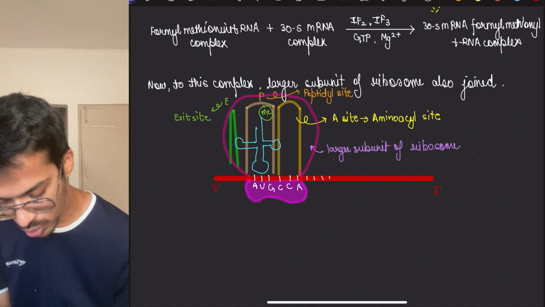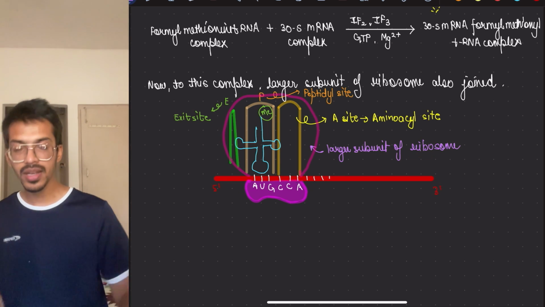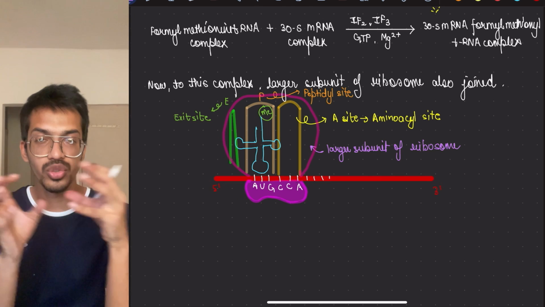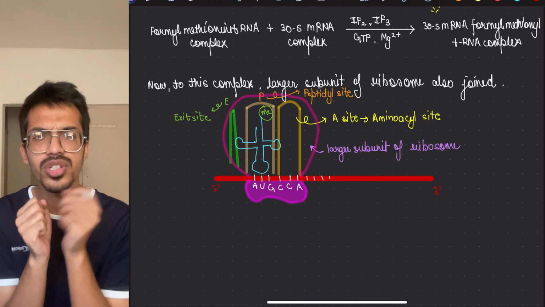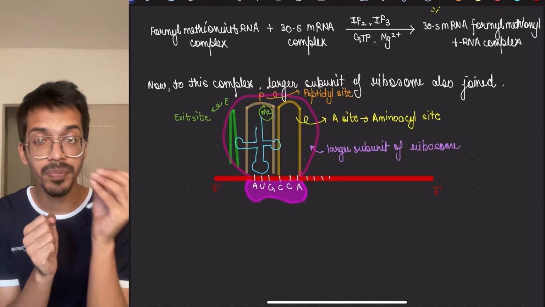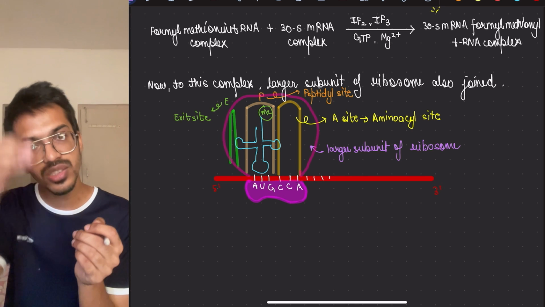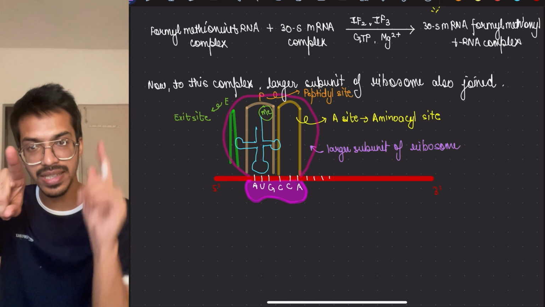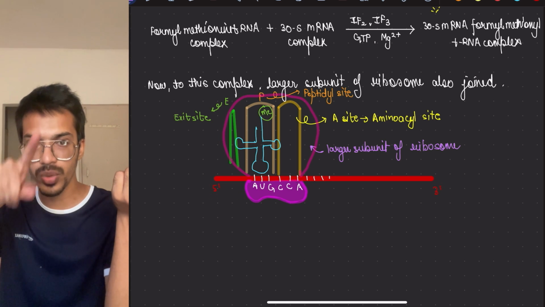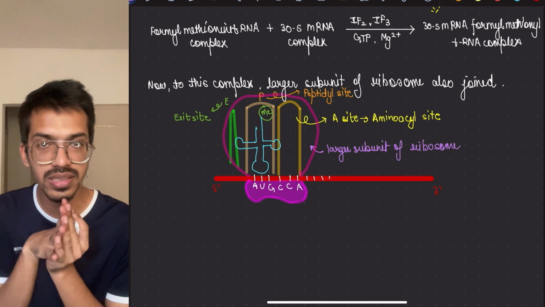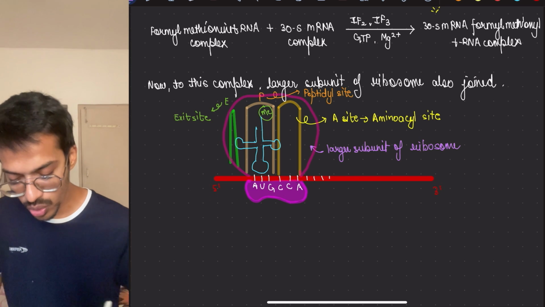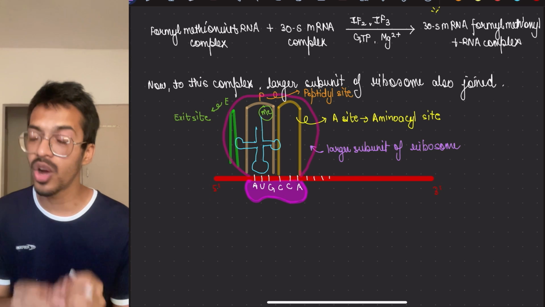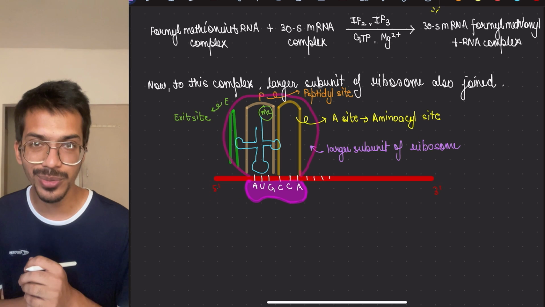So what I said, when the bigger unit goes and attaches to this complex, this has three places present. The place where it will be covering the tRNA would be the P site. Then there is an A site present next to it, and there is an E site called exit site. This is how this whole complex will look right now, which we also saw in the video.